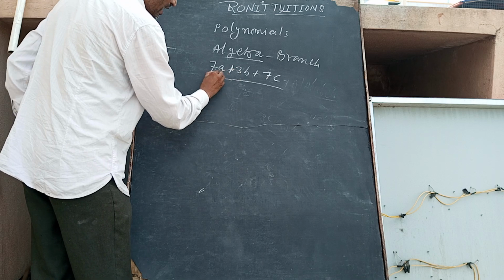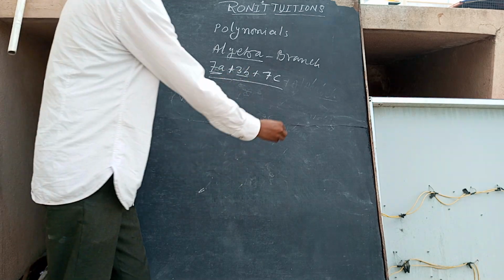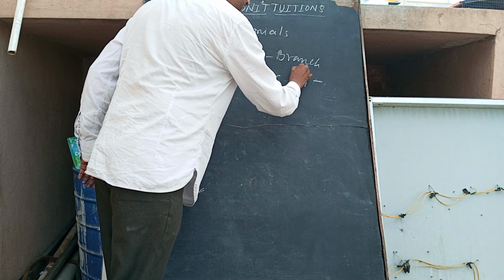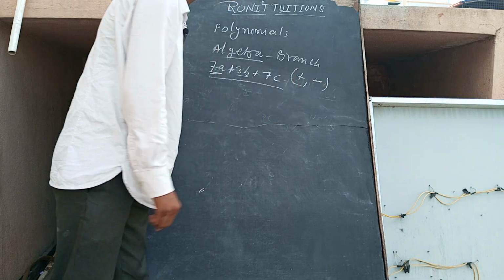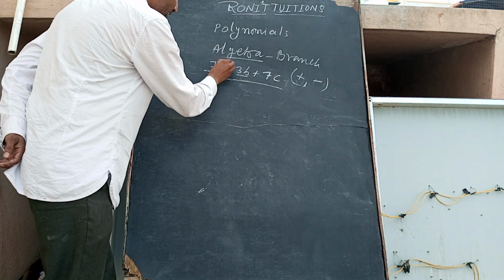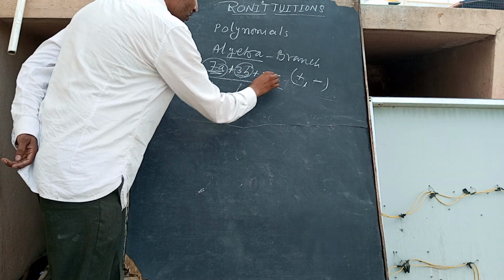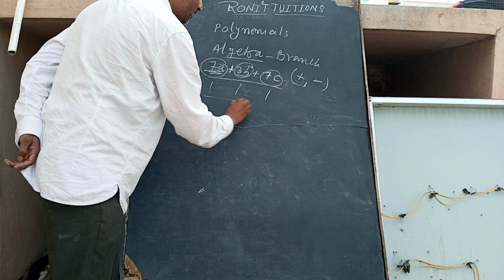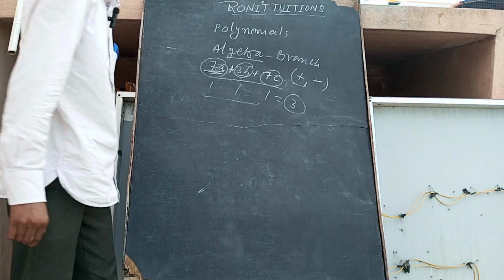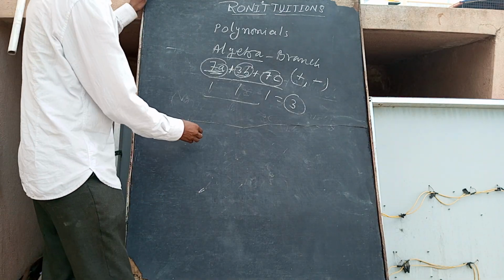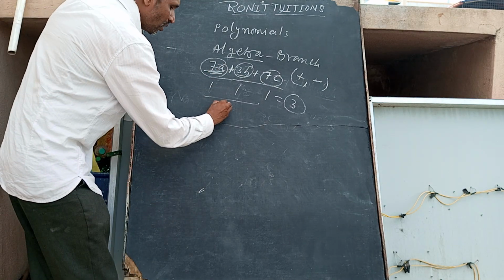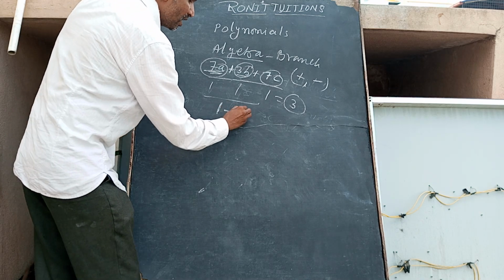We use only the plus and minus signs to count the terms: term number 1, term number 2, term number 3. So there are a total of 3 terms. If there is only one term, then it is called a monomial.